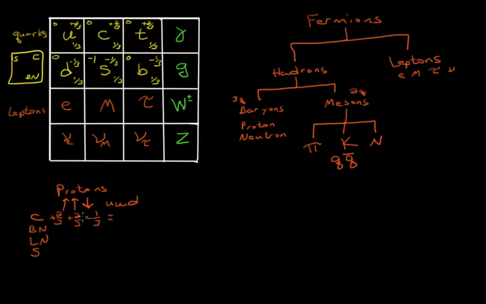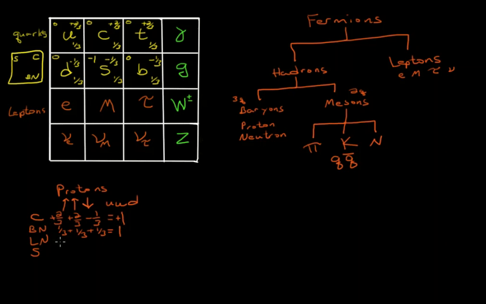If you add that up, 2/3 plus 2/3 is 4/3 minus 1/3 is 3/3, so it's a positive 1. The baryon number is 1/3 plus 1/3 plus 1/3, and again that equals 1. So protons have a charge of +1, which makes sense because they do.